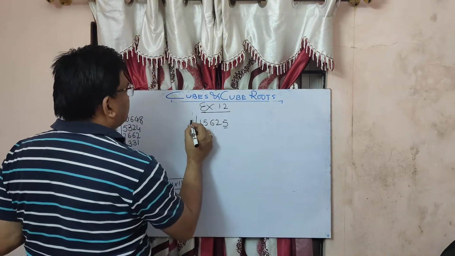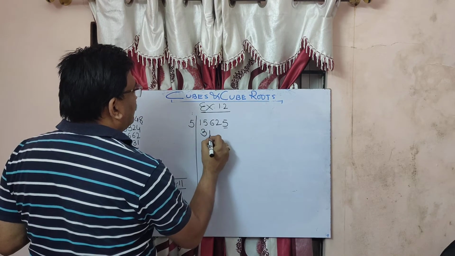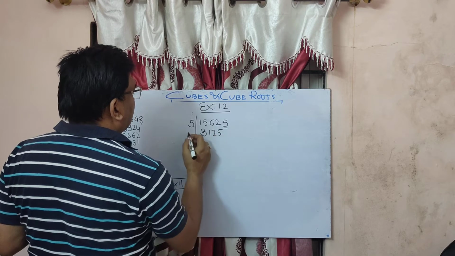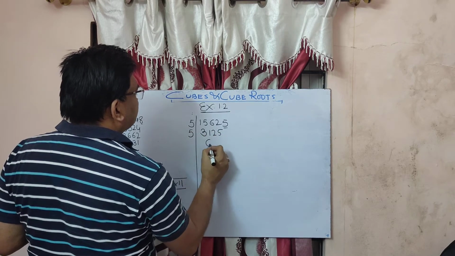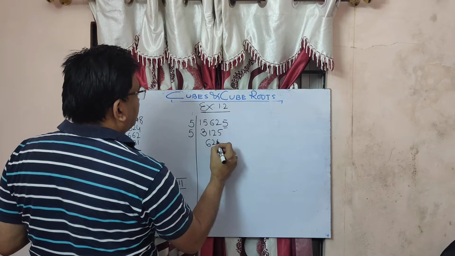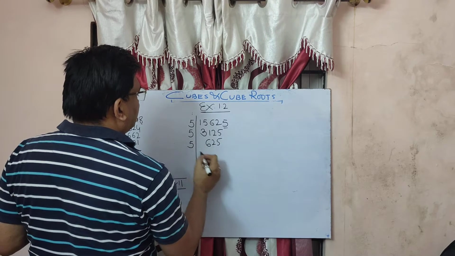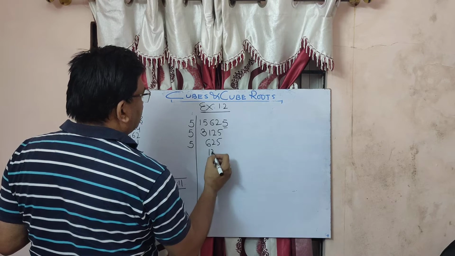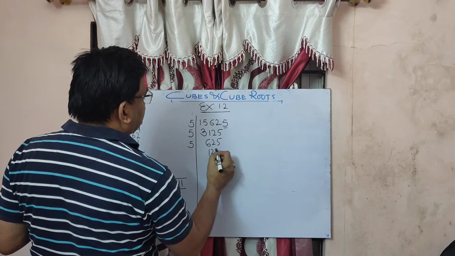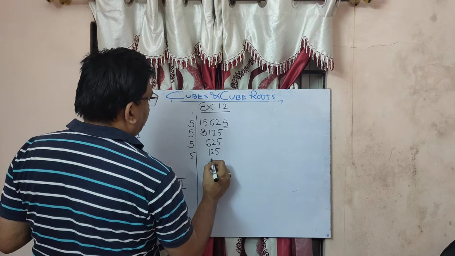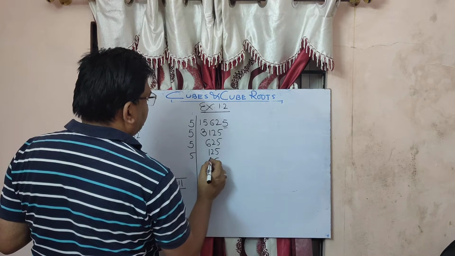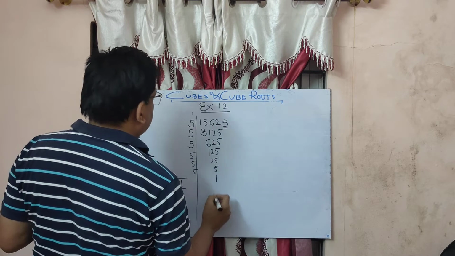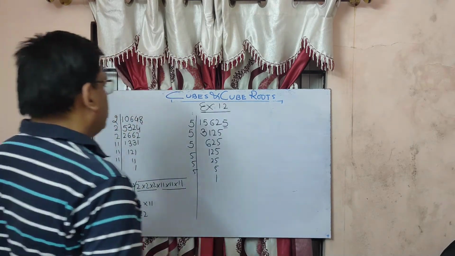The last number is 5, it means divide by 5. 5 threes are 15, 5 fives are 25, 5 twos are 10, 5 fives are 25, and so on, until 5 ones are 5, and 1. So now we got the factors.